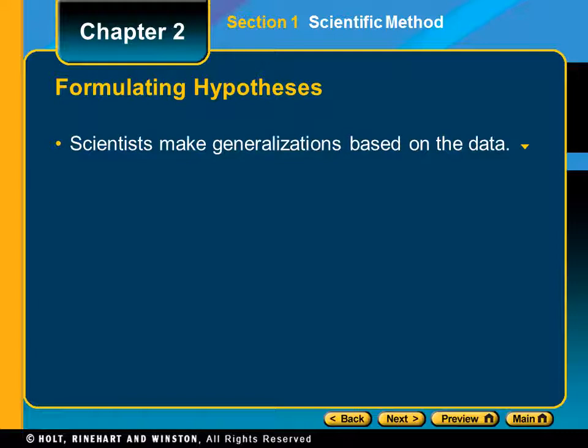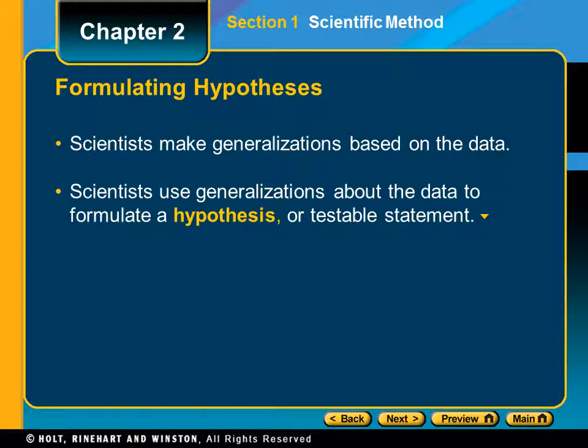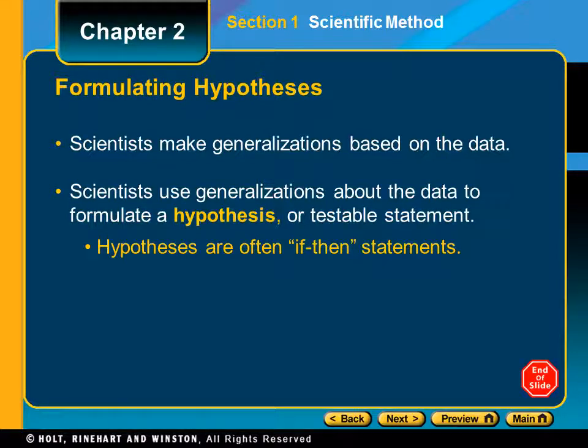Our book here is going to define a hypothesis in terms of making generalizations about the data and then moving from generalizations to formulate a hypothesis or a testable statement. And the book is going to tell us that a hypothesis very often is an if-then statement.